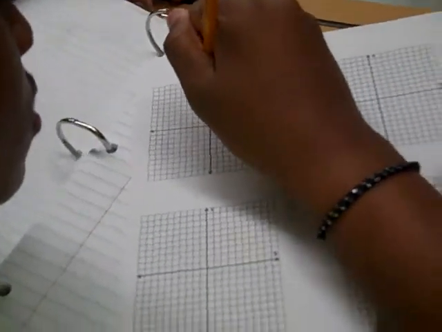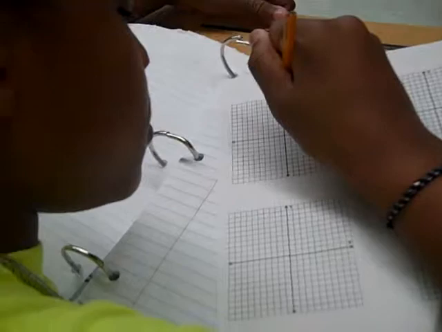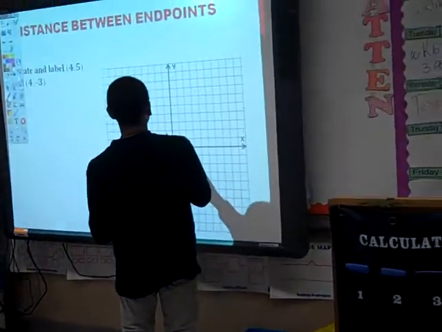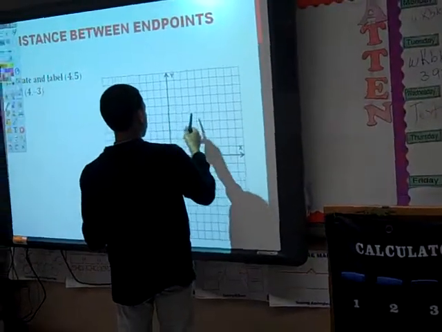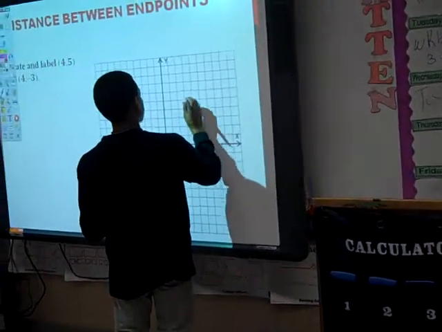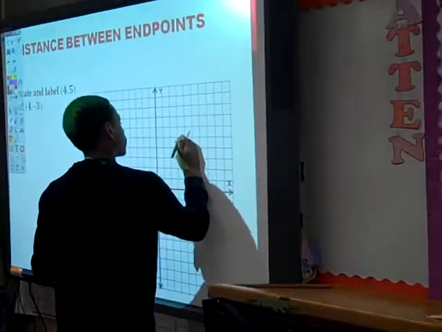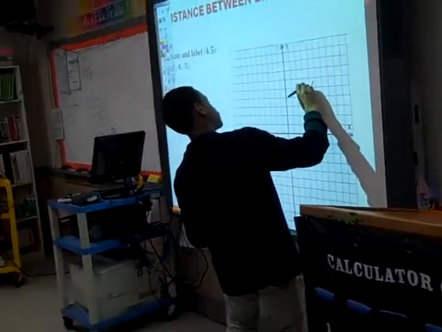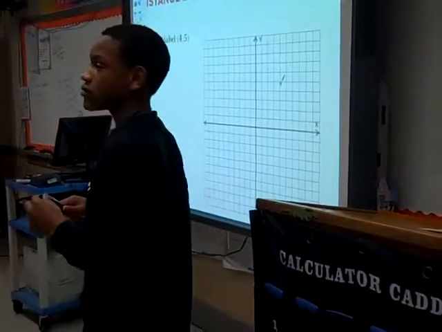Go plot 4, 5 on this graph for me. 4, 1, 2, 3, 4, and go up 5. Put a point. And plot 4, negative 3 for me while you're up there.